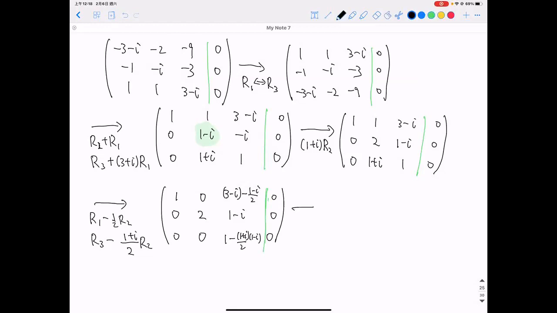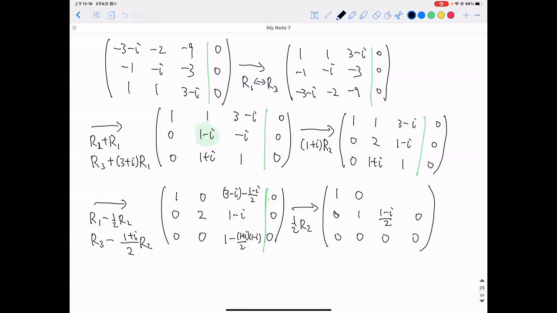Okay, and now we should divide R2 by 2, and also deal with the computation that we haven't finished. So 0, 0, 1 plus i times 1 minus i, that is a 2. Divided by 2, that's a 1. 1 minus 1 is 0. So the last row becomes a 0 row now. Very good.